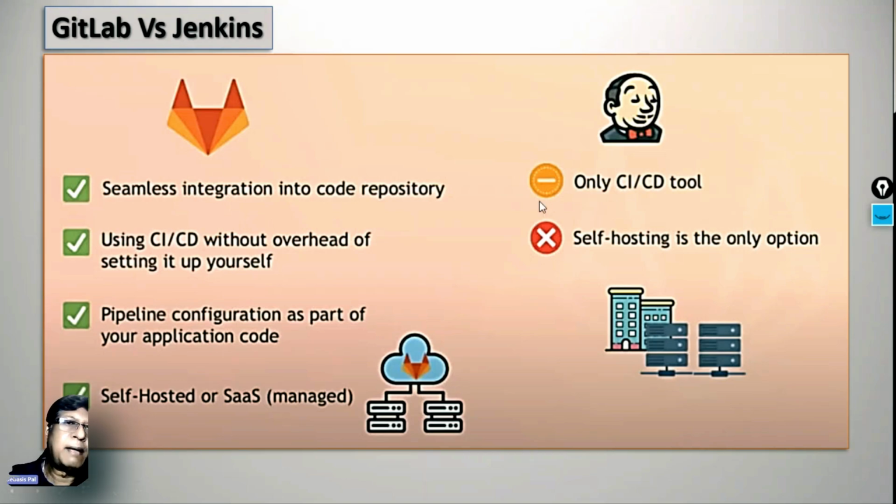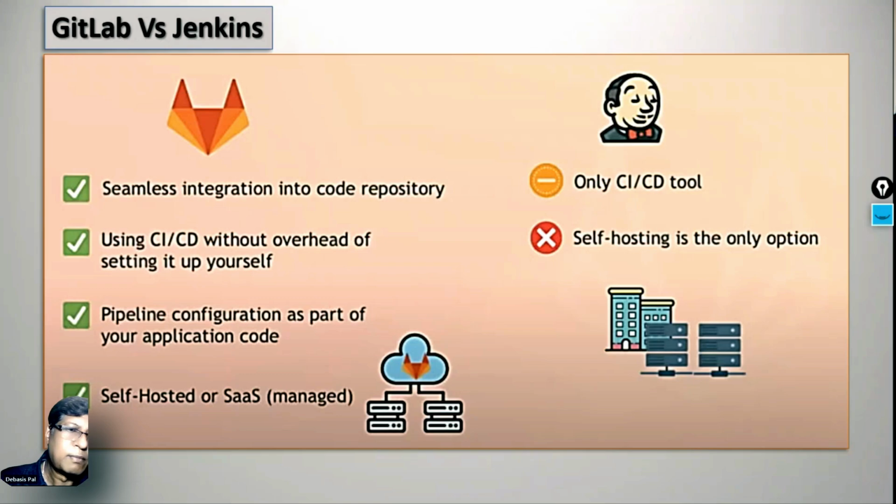Okay. GitLab can have a seamless integration into the code repository using CI/CD without overhead setting it up itself. Here with Jenkins you have to set up the entire pipeline and you have to go for a Jenkins cluster. Here you do not have to do a single bit of installation on GitLab.